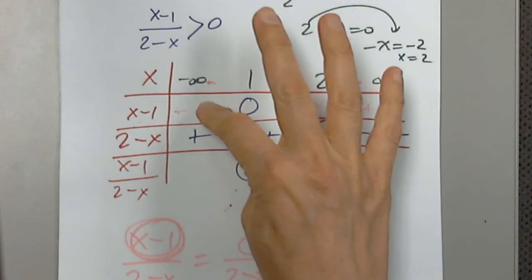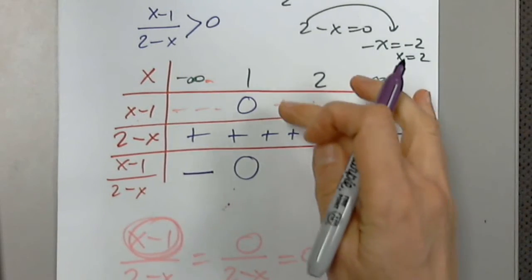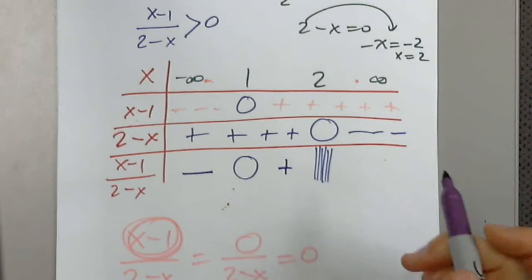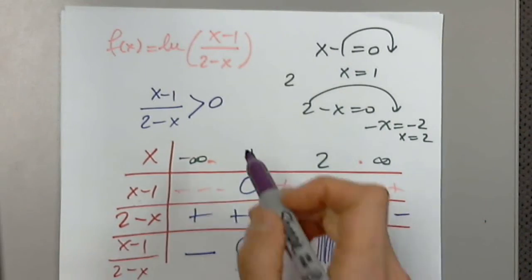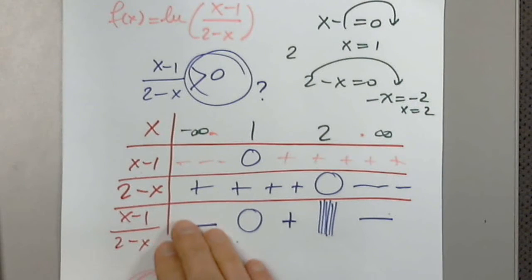Okay, so then we divide a negative by a positive. Awesome. We divide a positive by a positive. Awesome. A positive by a negative. Awesome. So now, only now, I'm asking myself, which sign is greater than 0? Exactly. Is this ratio ever positive?